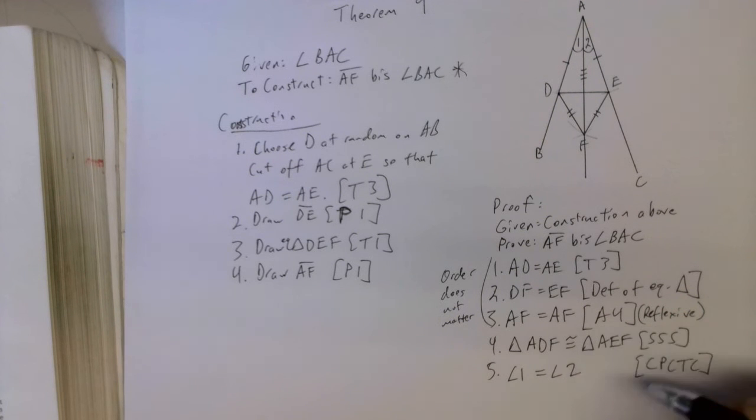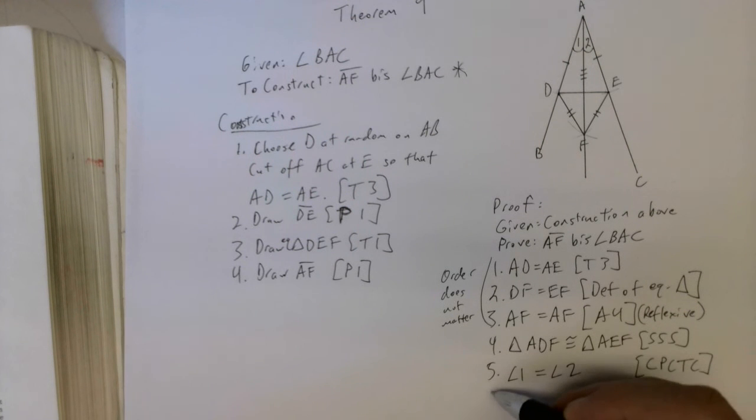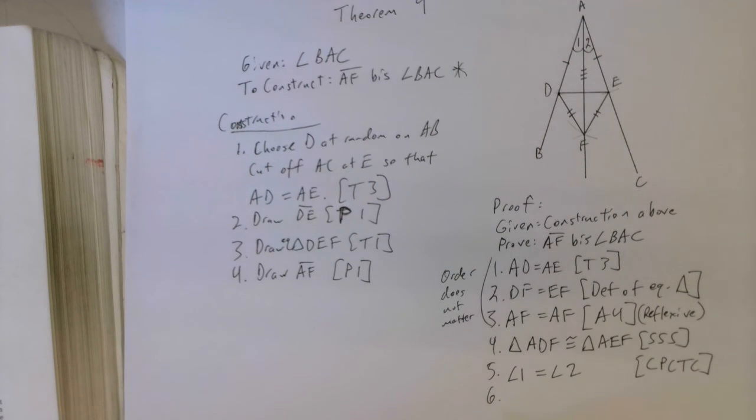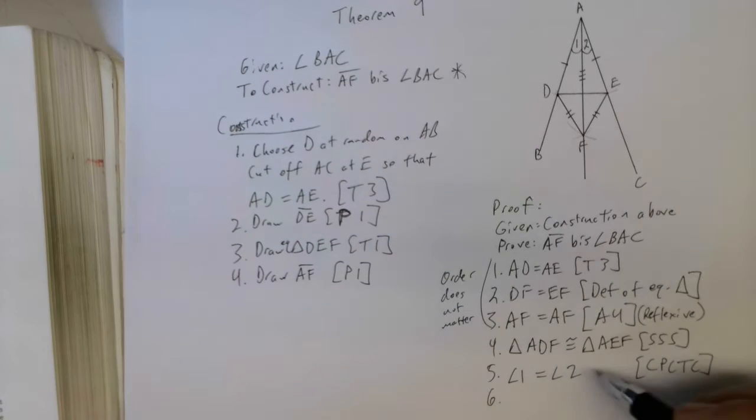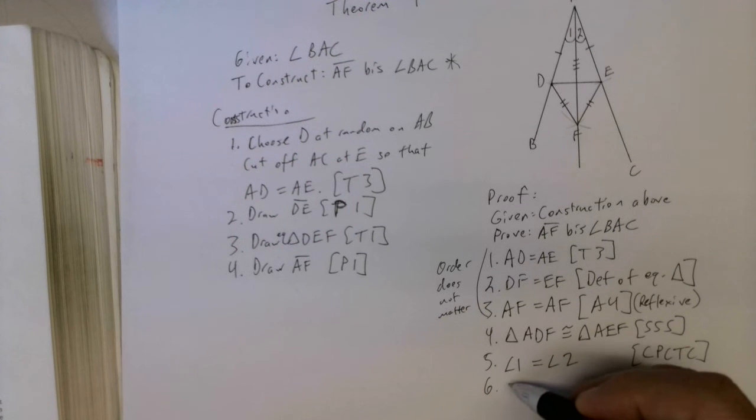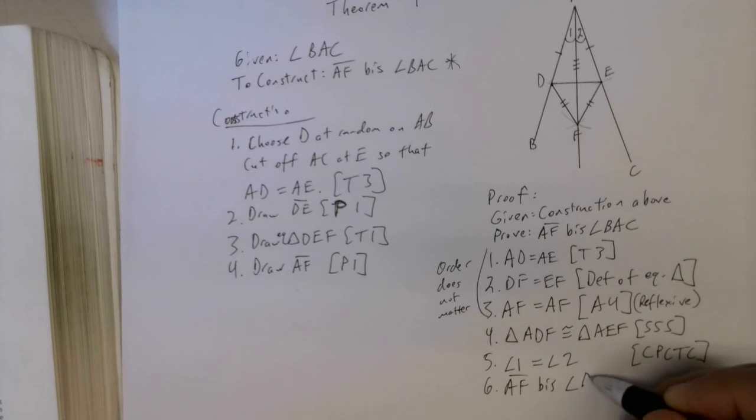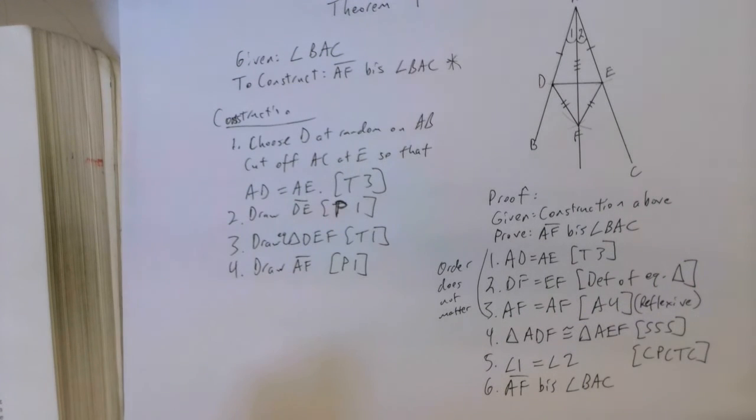So therefore, they are corresponding parts of congruent triangles, and they are congruent or equal. All right? And that proves what we wanted to prove. That proves that AF bisects angle BAC. And so that is by the definition of bisection.